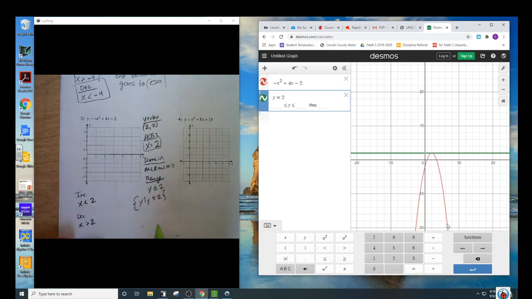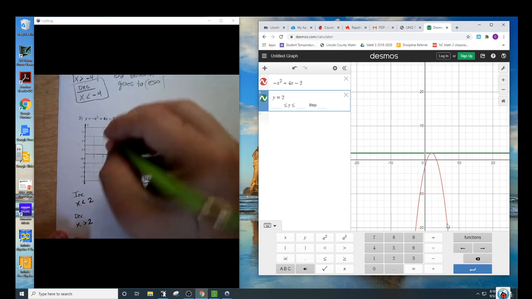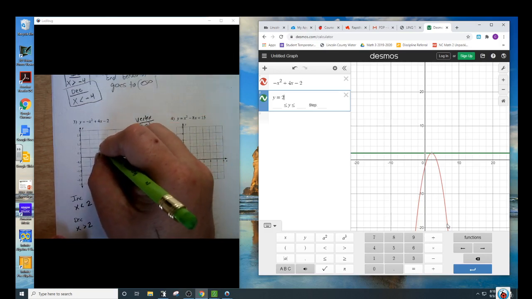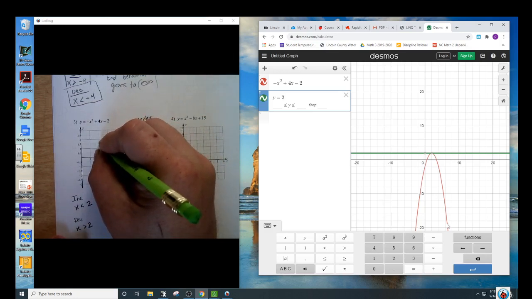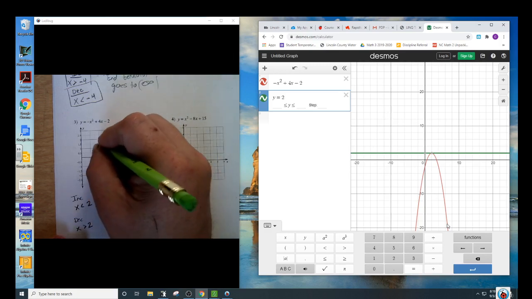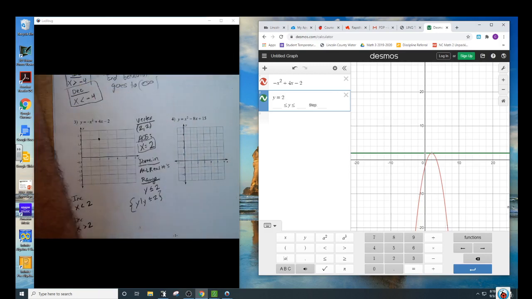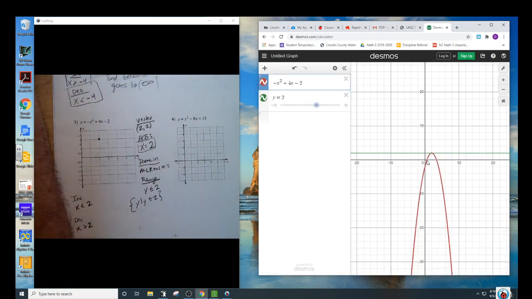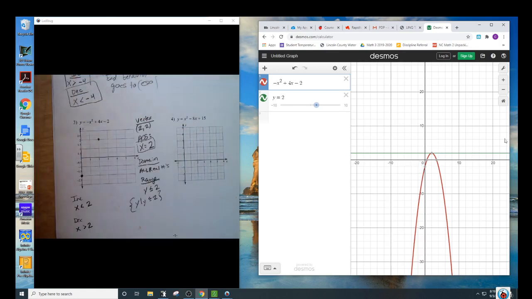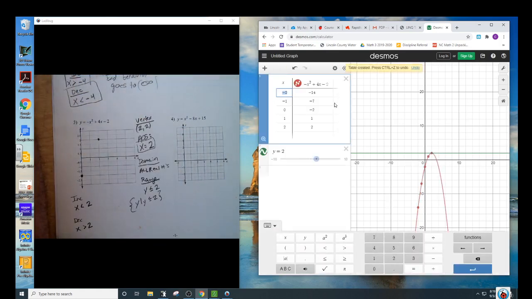Now end behavior. Let's put some points on this graph here. Our vertex is 2, 2. Let's get some more points here. Now let's see if we can get a table here.